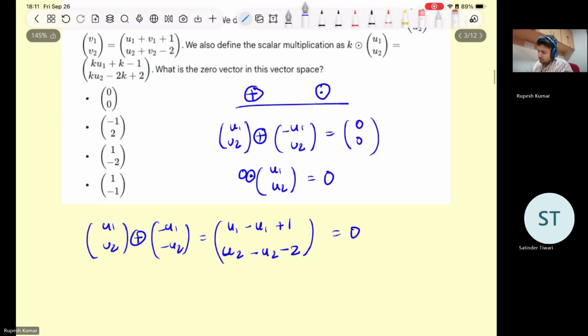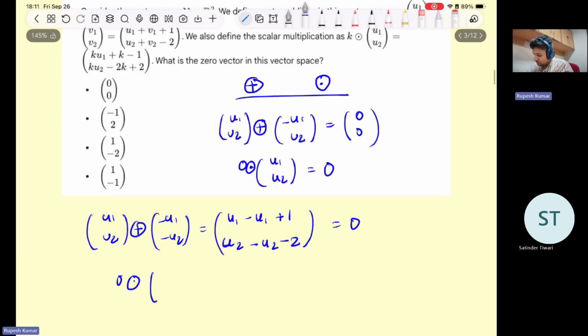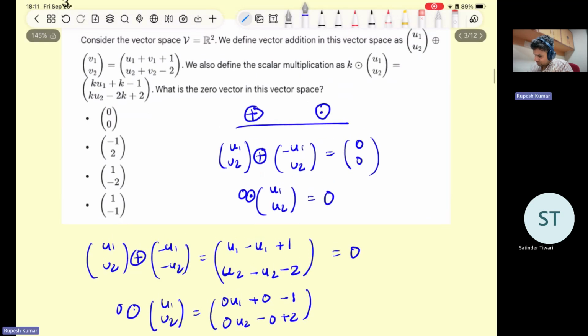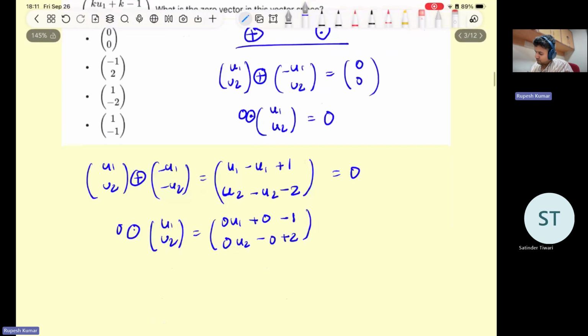Then what is the meaning of 0 and u1, u2? This will be 0 u1 plus 0 minus 1, 0 u2 minus 0 plus 2. Okay, this gives us the answer minus 1 comma 2.